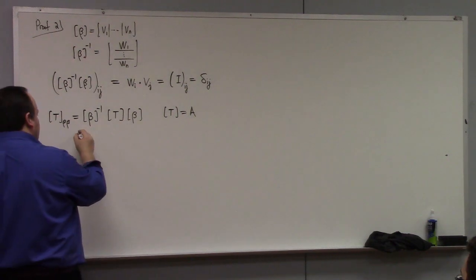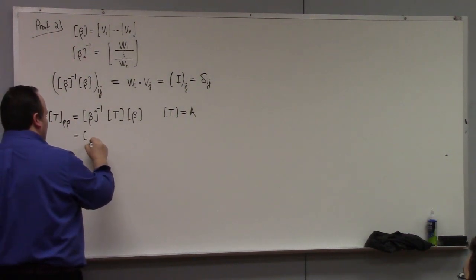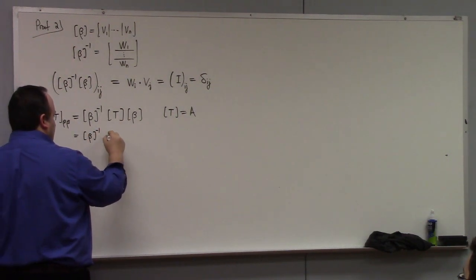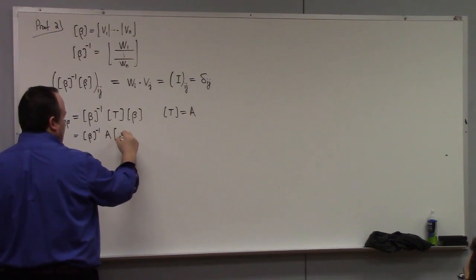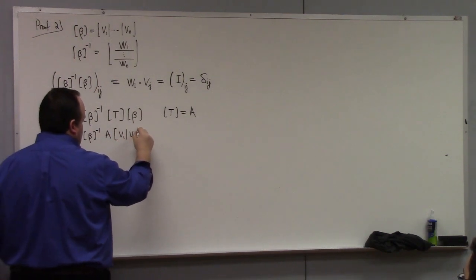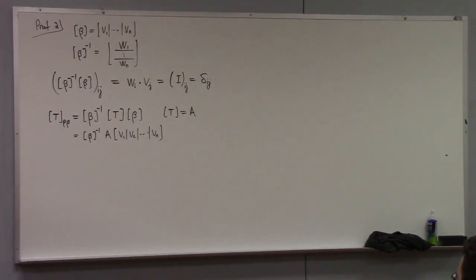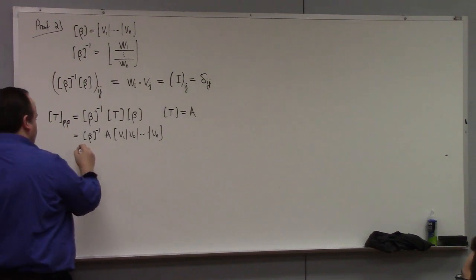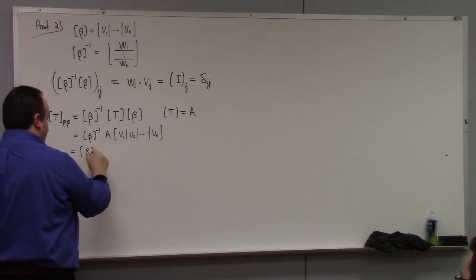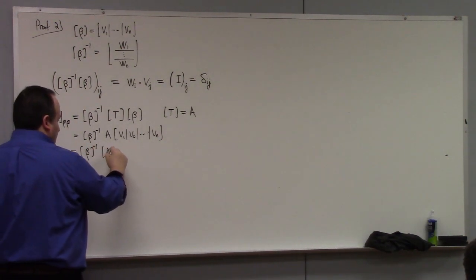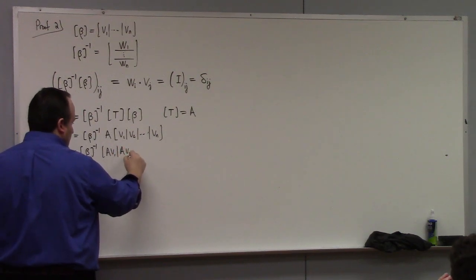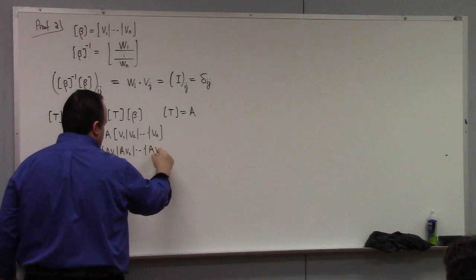Less brackets. Okay, so this is beta inverse times A times the matrix V1, V2, through Vn, right? But we remember how matrices multiply? We can multiply A times that by just, so we get AV1, AV2, through AVn, right?